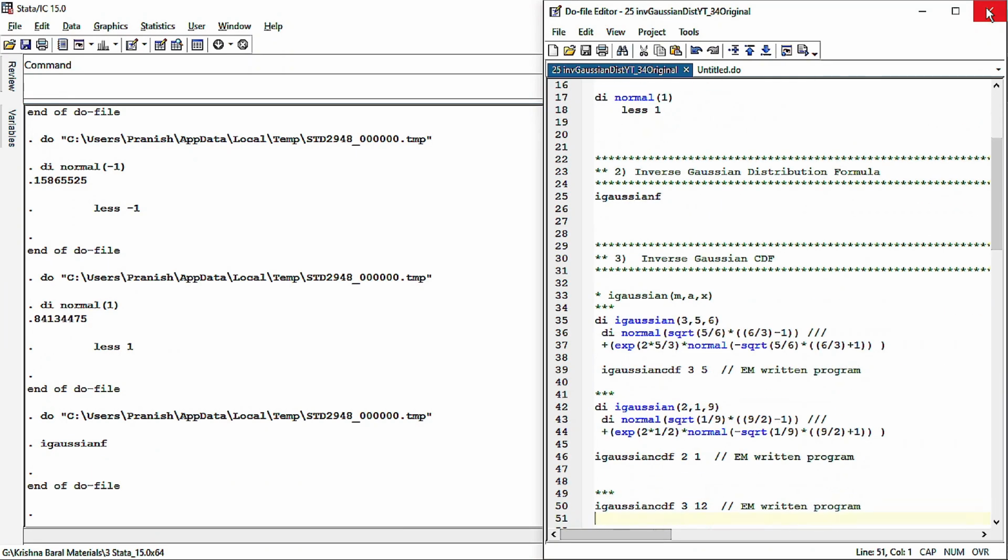First of all, we take the mean parameter m to be 3 and the shape parameter 5, and for the value of x, the I Gaussian function is the function to calculate the CDF of the inverse Gaussian distribution.